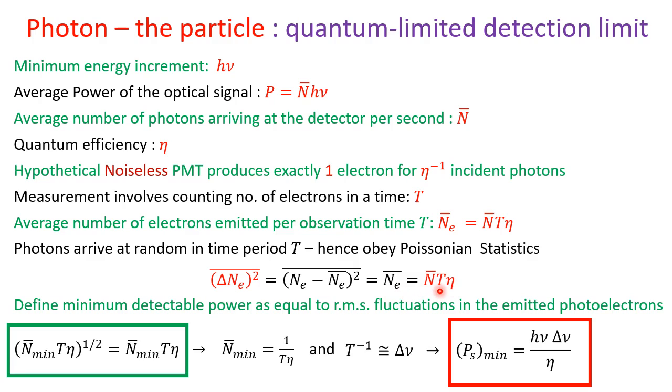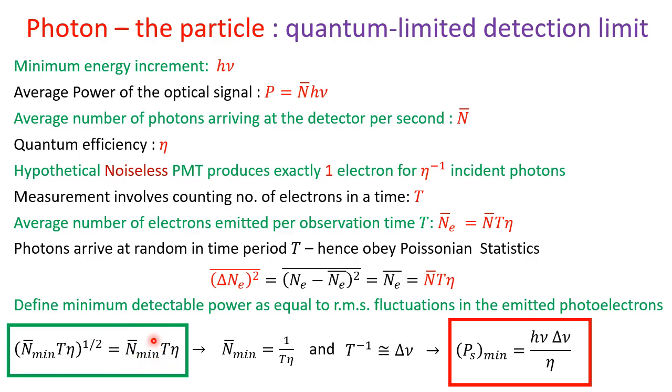Now you see that if I am looking at the RMS fluctuation, then I take a square root of this quantity, right? And so RMS fluctuations are going to be the square root of n t times eta. If this is equal to my input signal, right?